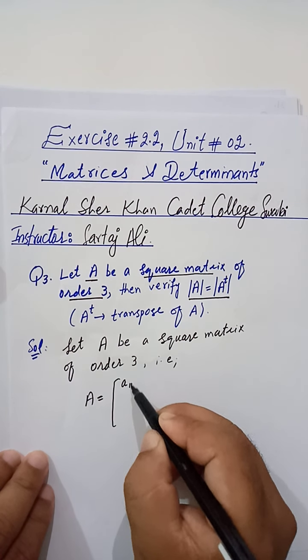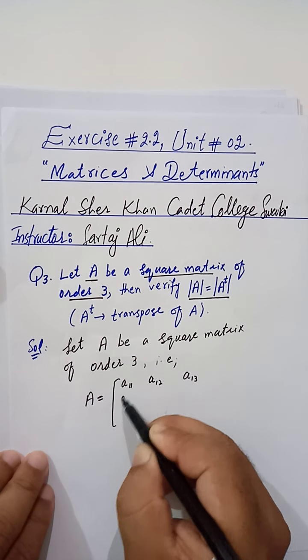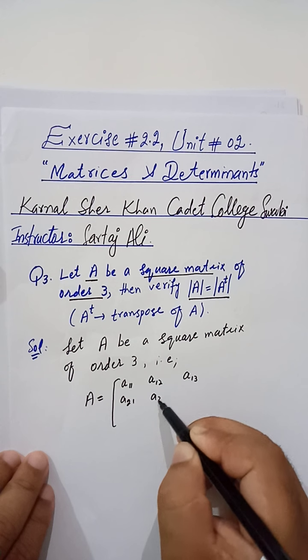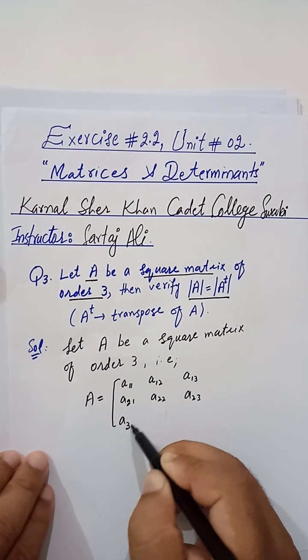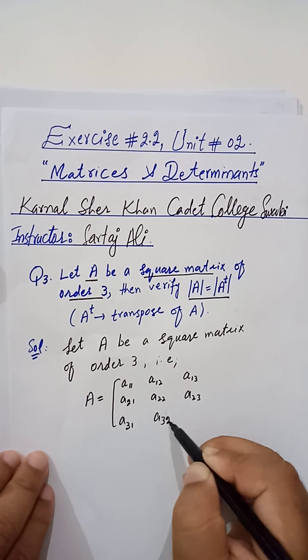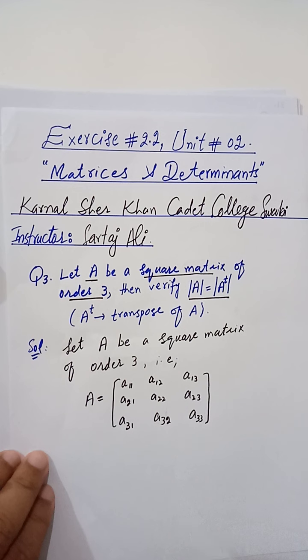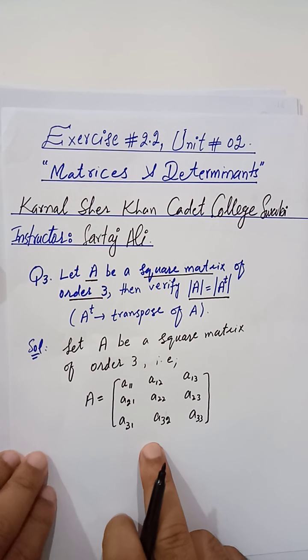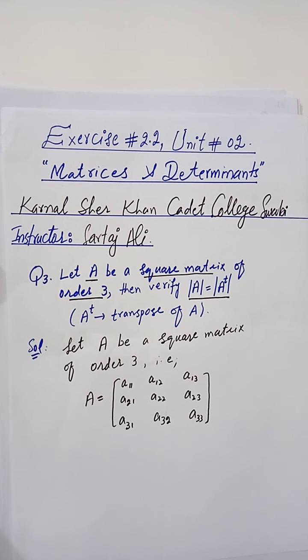So A11, A12, A13, A21, A22, A23, A31, A32, A33. Why I am considering the matrix in the general form like this? Because the subscript shows the position of the element that it present in that row and that column.